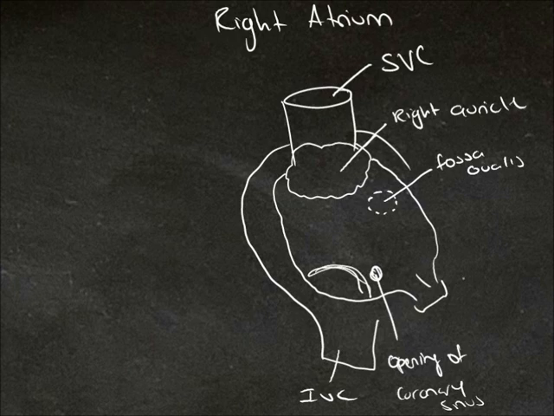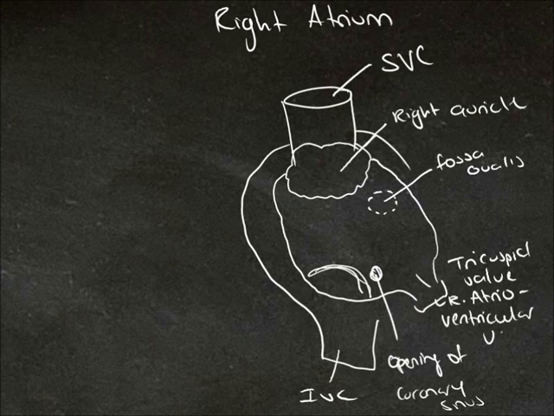And this is a tricuspid valve. And it's known as the right atrioventricular valve. And this occurs at the level of the 6th right costal cartilage.